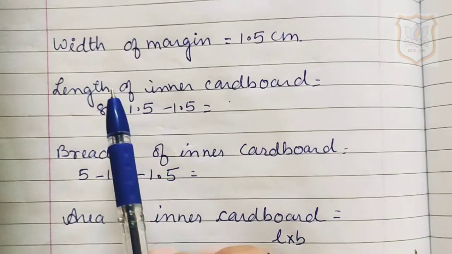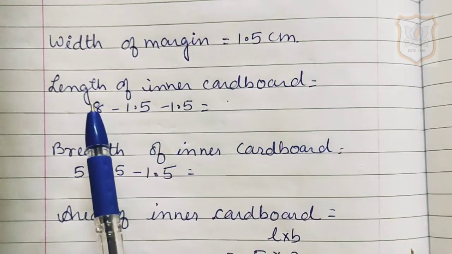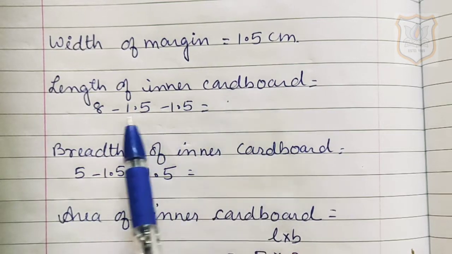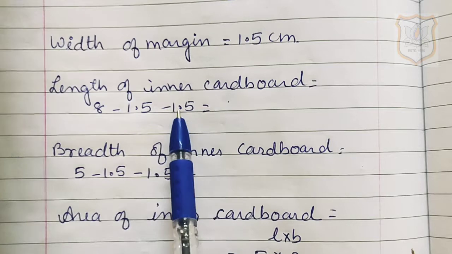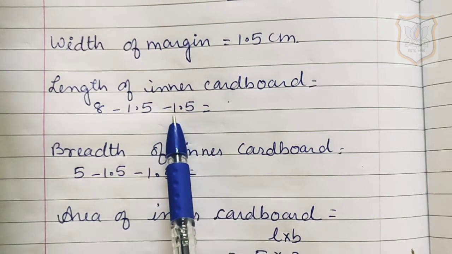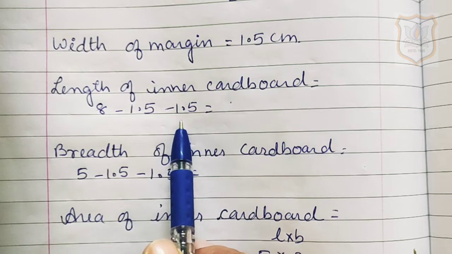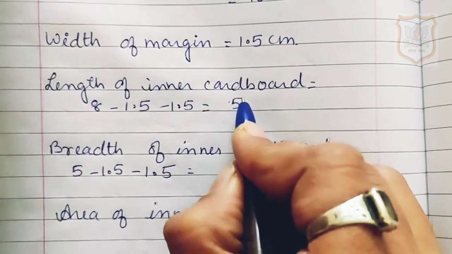So students, as width of the margin is equal to 1.5 cm, it's given in the question. First we will find out the length of the inner cardboard. The length of the inner cardboard will be 8 minus 1.5 minus 1.5 centimeter. See, 1.5 and 1.5 centimeter will be 3 centimeter, and by subtracting 3 from 8 we will get 5 centimeter.